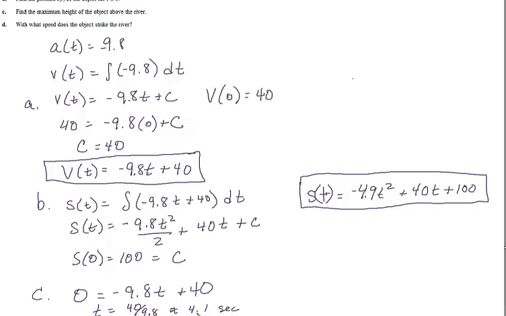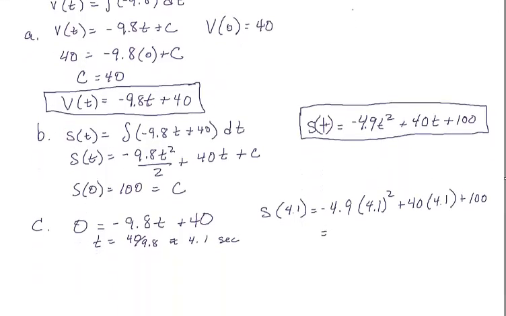So what's the maximum height? It occurs here, so I'll just do s of 4.1 and crunch those numbers after I plug that all in. Alright, plugging all that in, I get about 182 meters.